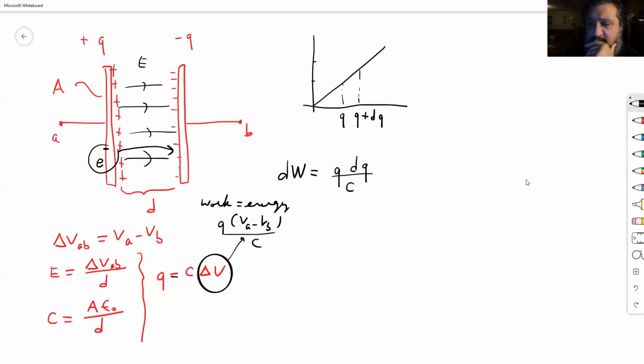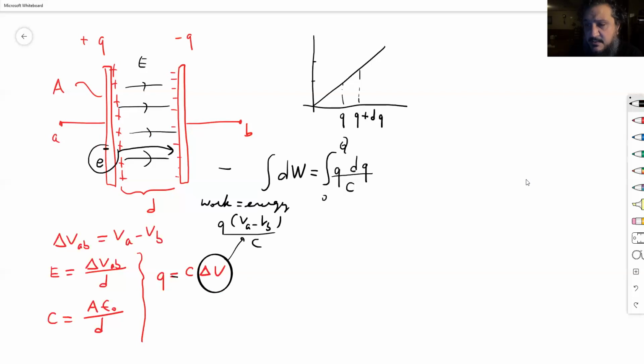you get the work. If I integrate this, for all charges that are present, some total charge from 0 to total charge Q, I will get the total work, which will be total energy stored in that capacitor.